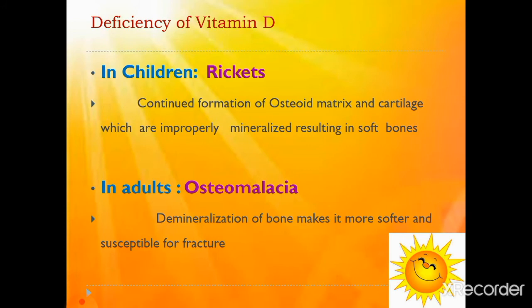Calcium is not added onto the bones, which are mainly made up of calcium. So the bones become soft, and in children it can lead to rickets, and in adults it is called osteomalacia. It is demineralization of the bones, making them softer and susceptible to fractures.